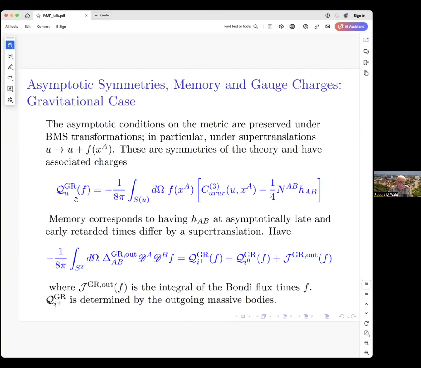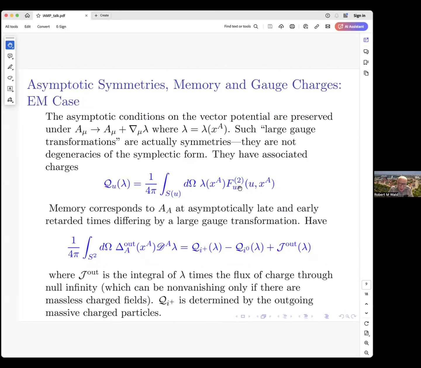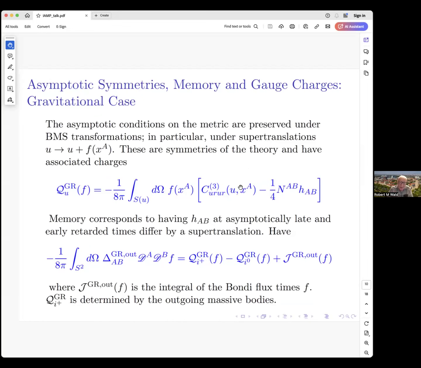They have non-trivial charges associated with them, where instead of the 1 over r squared part of the radial electric field, you have the 1 over r cubed part of the radial part of the electric part of the Weyl tensor, and you also have this extra term involving the news.